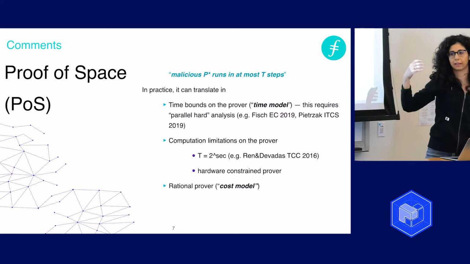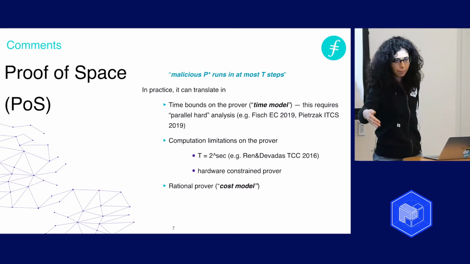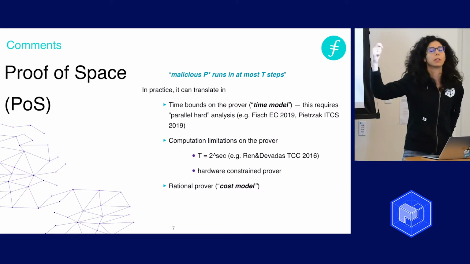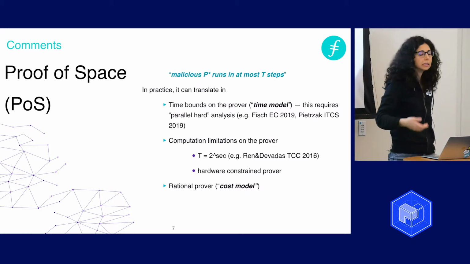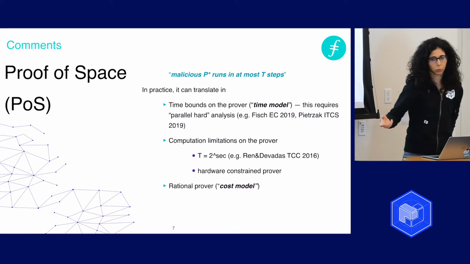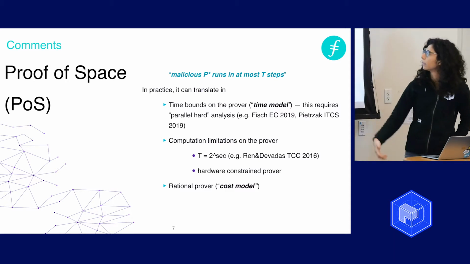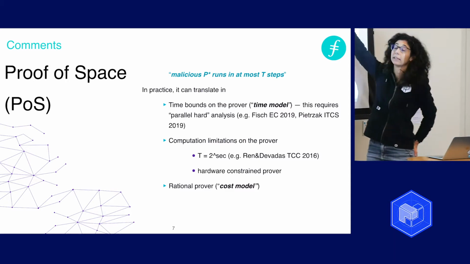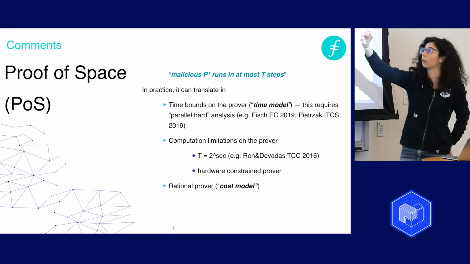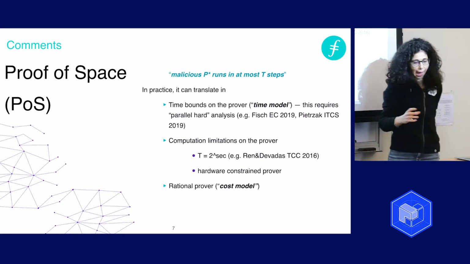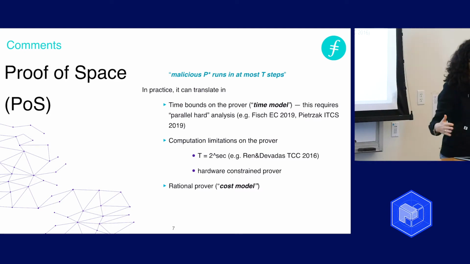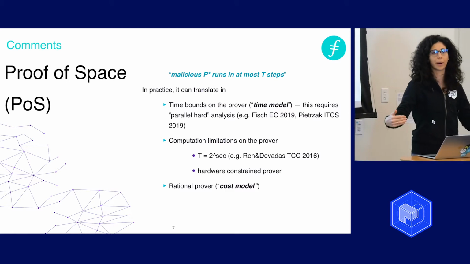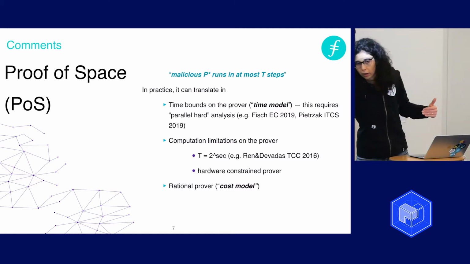It's not enough to say that he has to do this many steps. When I say step, you need to think about some elementary operation. It can be a call to a random oracle, or other elementary operations in which we measure the complexity of the prover. So in the time model, it's super important to look at the parallel complexity, because it's natural to assume that everything I can do in parallel takes the same time. So if I have 10 operations, but I can do them in parallel, it is equivalent to actually one operation in terms of time.